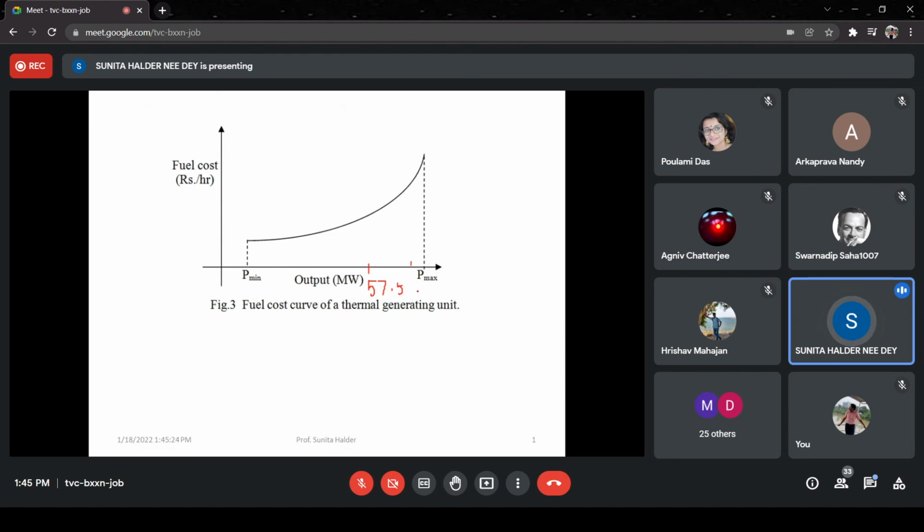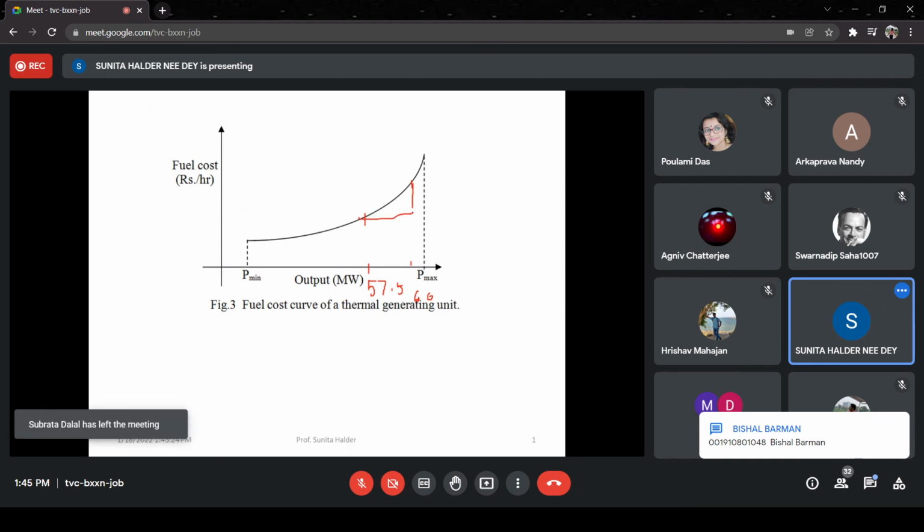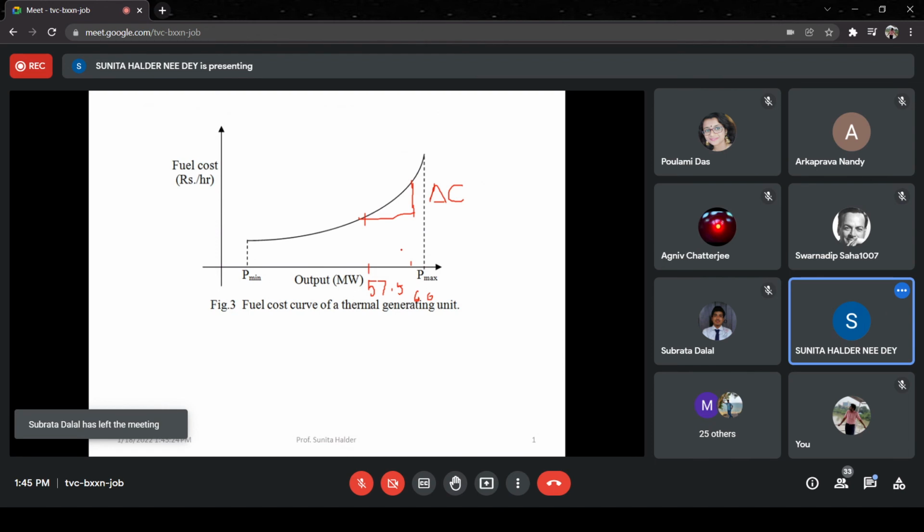At another point it is 60. We want to know the change in cost due to this, is it not? Right? So we need del C. We know del P. We know the slope of the curve. Now if we just integrate this slope of the curve from P1 to P2, obviously we can get the change in cost. Can you follow me or not?